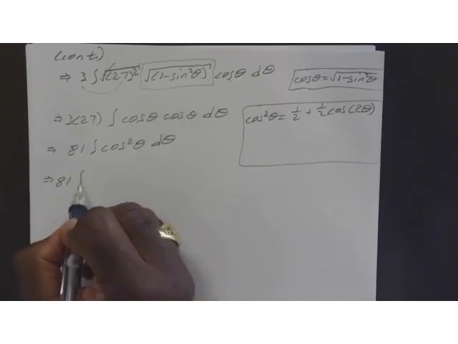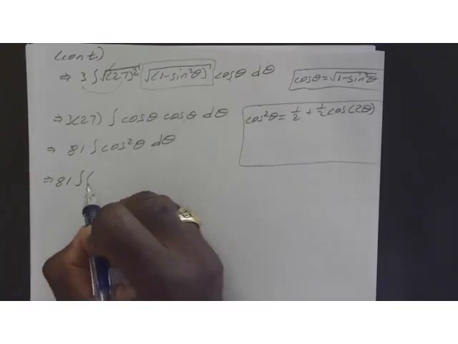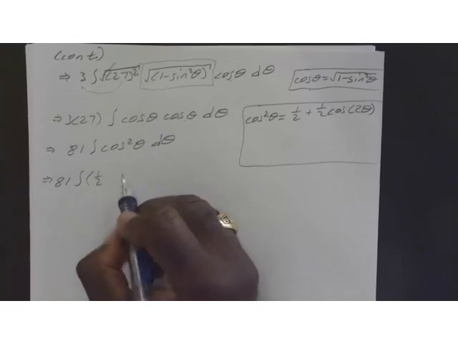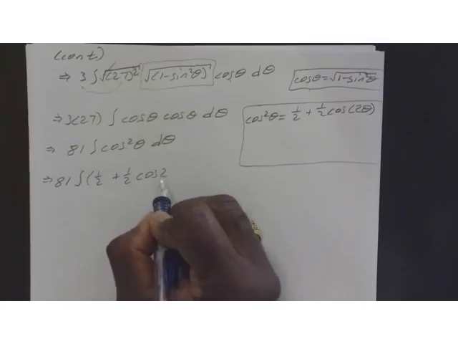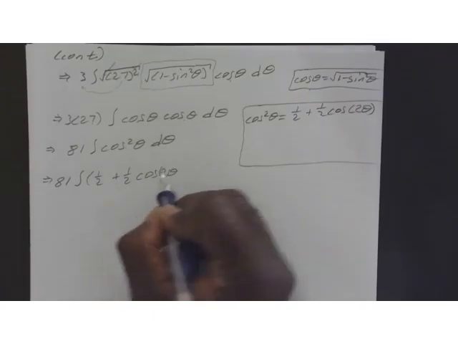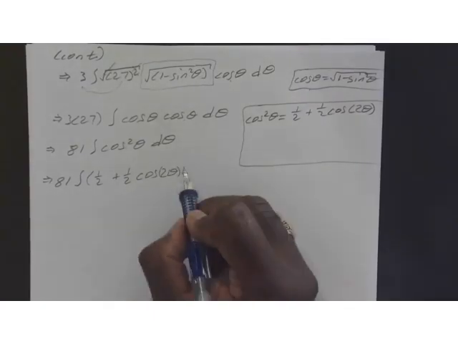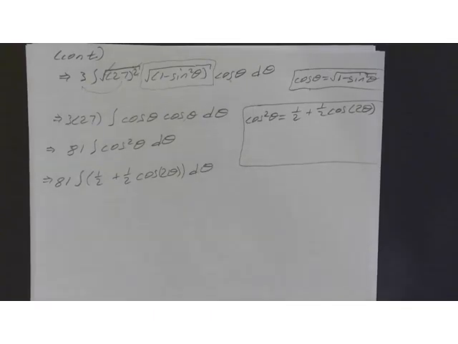Okay, so that's 81 times the integral of 1/2 plus 1/2 cosine of 2 theta with respect to theta.